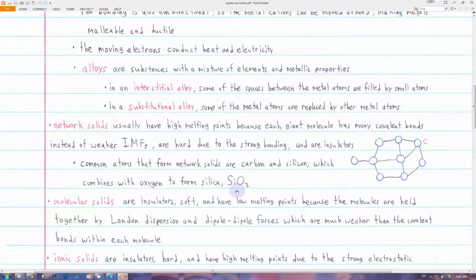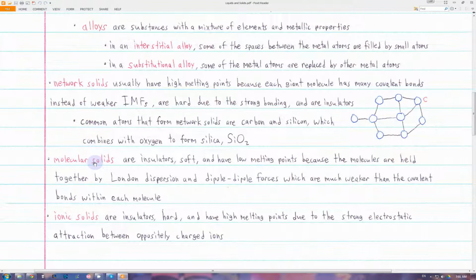And again, since it's a huge molecule, the formula for silica, SiO2, does not mean there are individual molecules with one silicon atom and two oxygen atoms. It just means in this huge molecule, this mess of silica, for every silicon atom in the chain, we have two oxygen atoms that correspond with it.